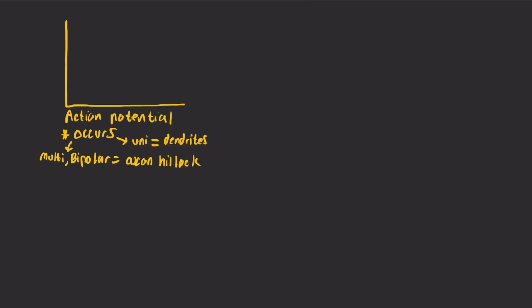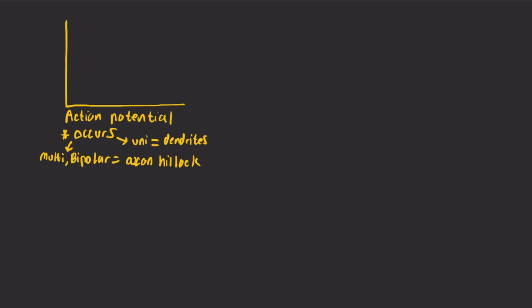And you will have action potentials being triggered at the axon hillock of multipolar and bipolar neurons. So on the axon hillocks of these types of neurons and on the dendrites of unipolar neurons. Okay, let's look at this step by step.